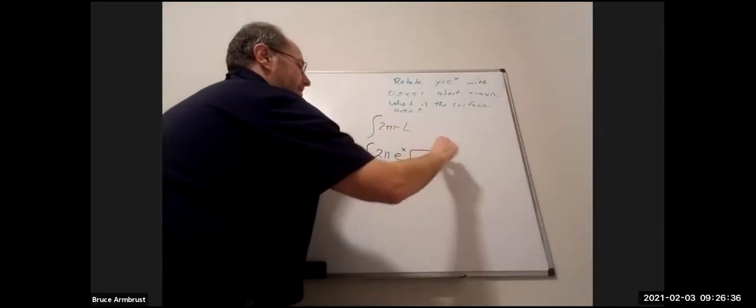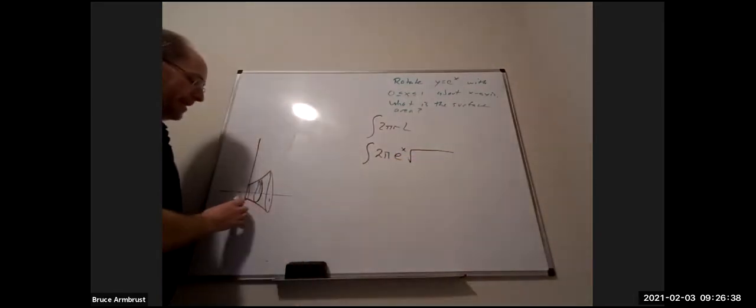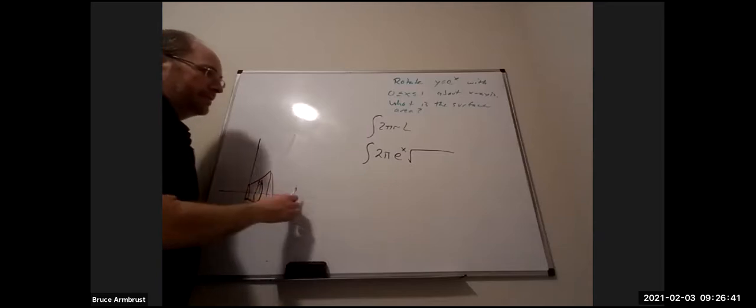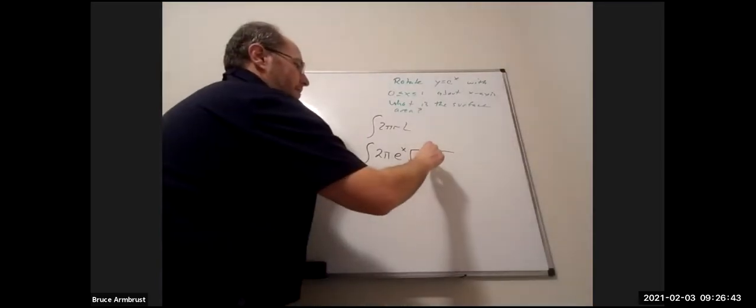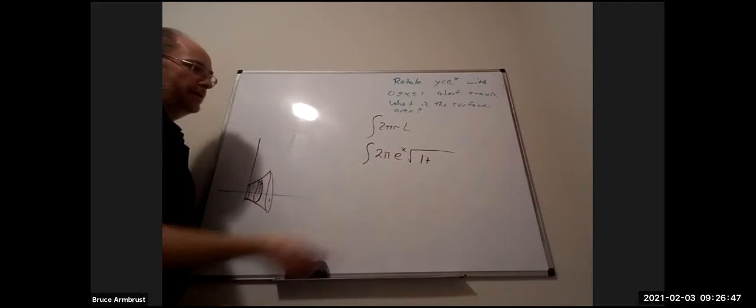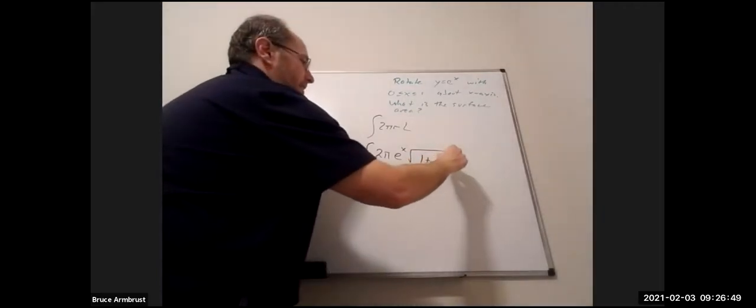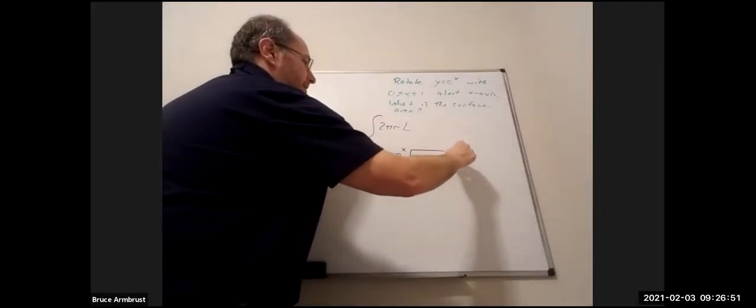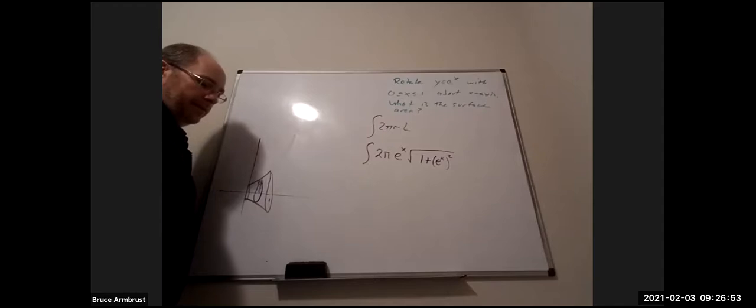Since I've got x's here, and I'm integrating along x's for all those slices, we need the square root of 1 plus the derivative squared. Well, the derivative of e to the x, of course, is e to the x.